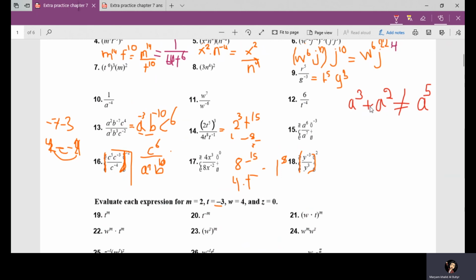Wrong. Be careful. Because between them addition, you must have between them multiplication or division. So if you have a minus or a plus, you cannot say that. But if you have a to the power 3 times a to the power 2, you can say that's a to the power 5. So be careful, that's correct. If you have division between them, you can subtract the powers.